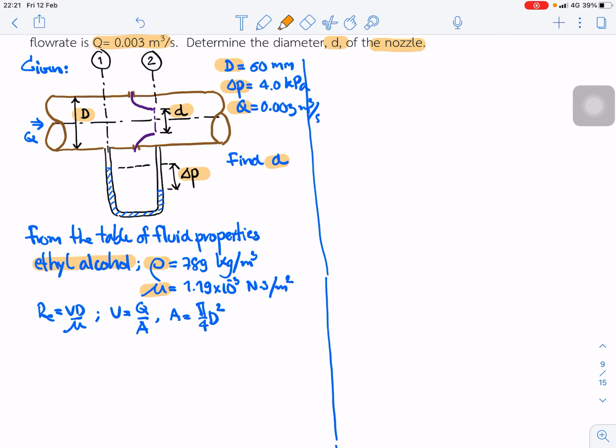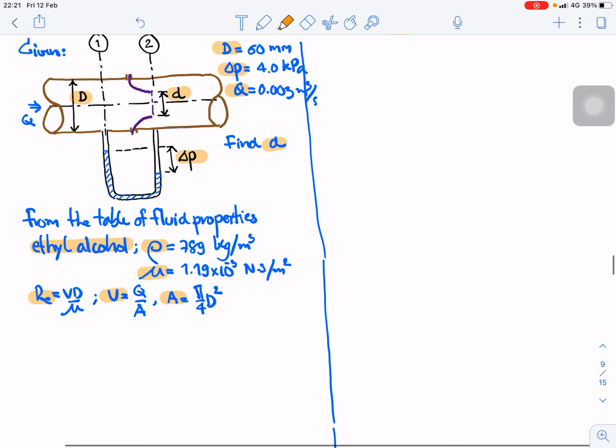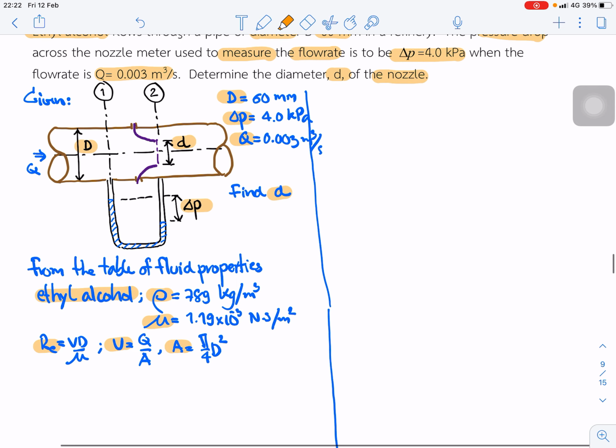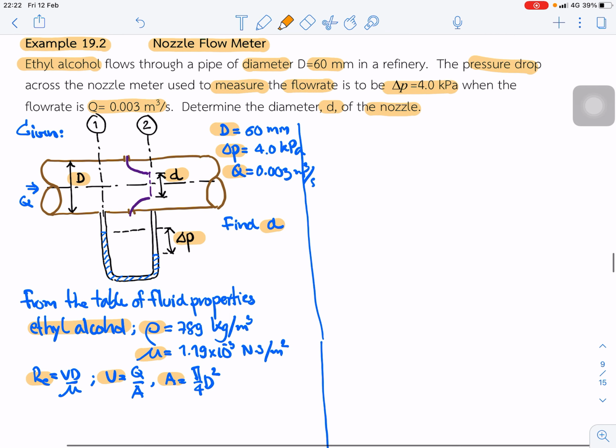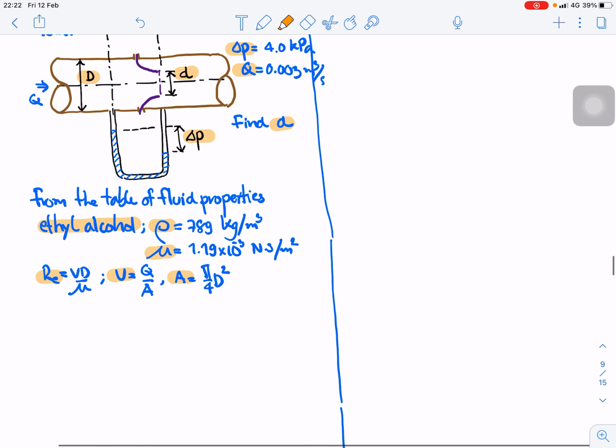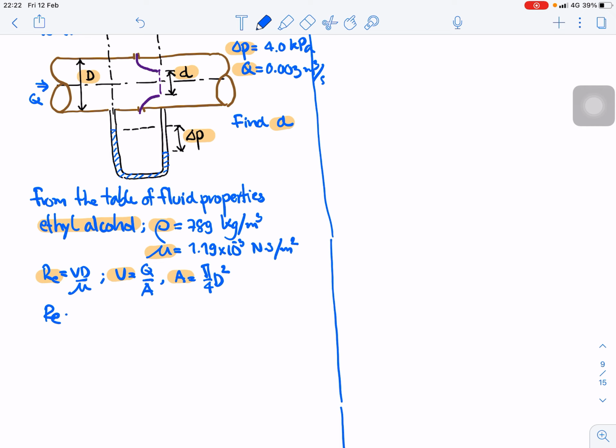This is the Reynolds number, velocity, and area. So we have to find the Reynolds number first, to get the coefficient for the nozzle. So what is the Reynolds number?